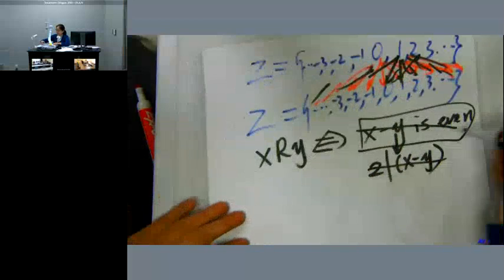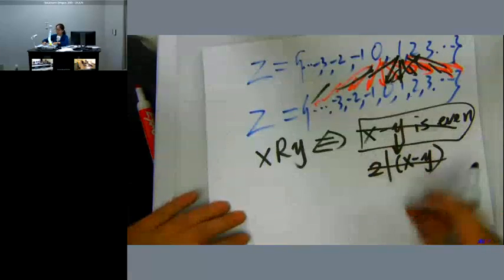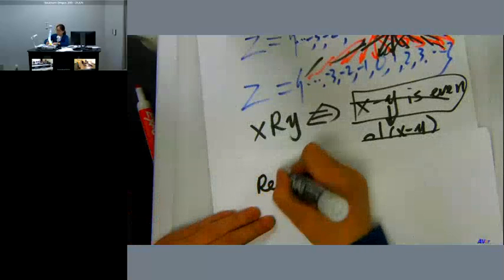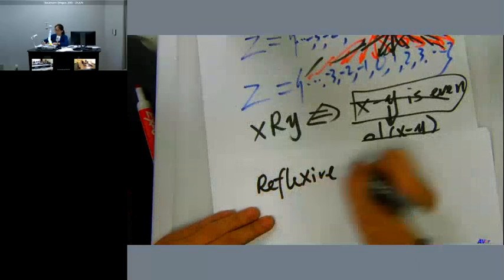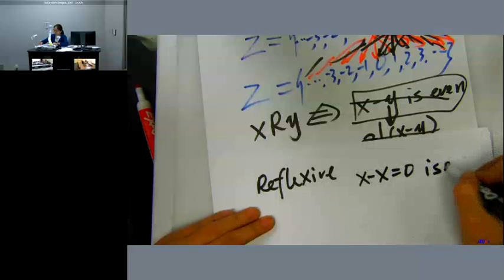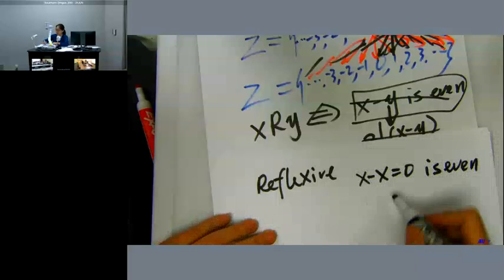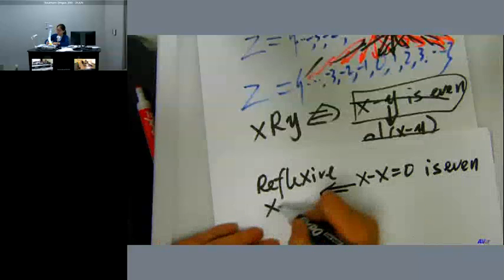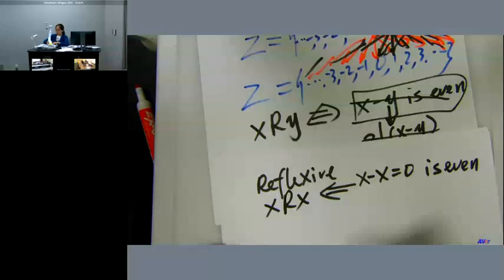But let me rewrite it in a different way. So previously, when we did this question, how do you check whether it's reflexive? We said because x minus x equals 0 is even. Which means, what does this tell us? It tells us x is related to x. And how do we check it's symmetric?